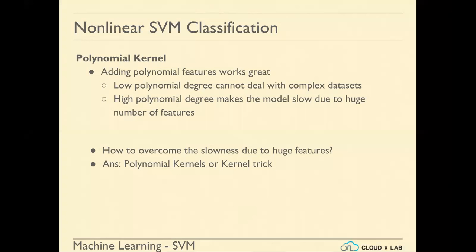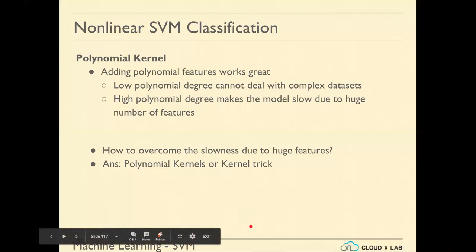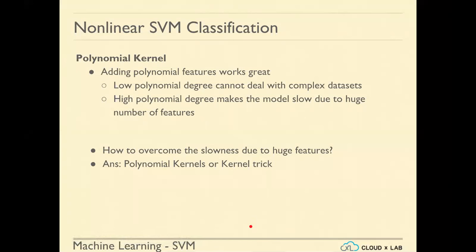As we increase the degree, the total number of features start exploding, therefore the overall process would become really slow. So on one hand we can't use the linear SVC on complex data, and on the other hand the polynomial degree makes the process slow.